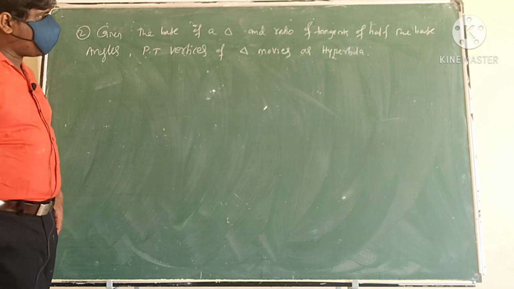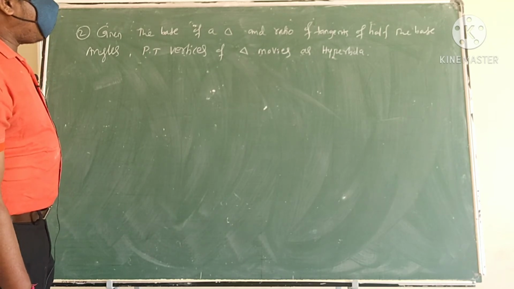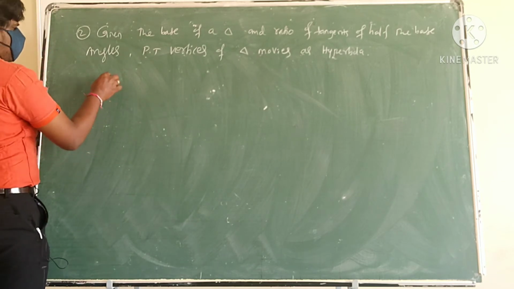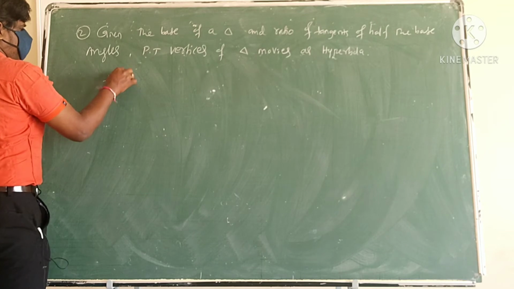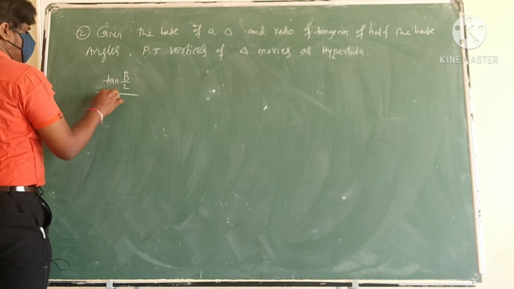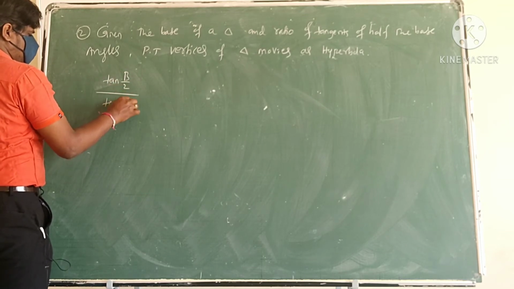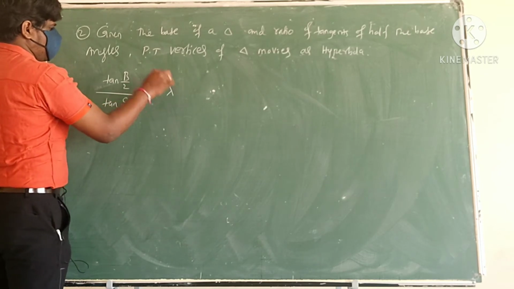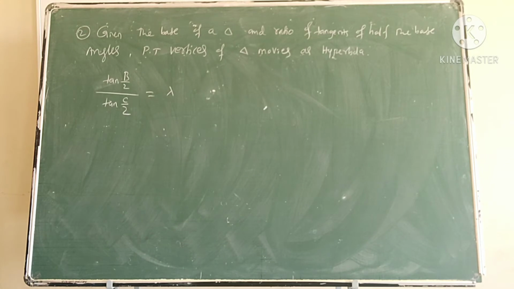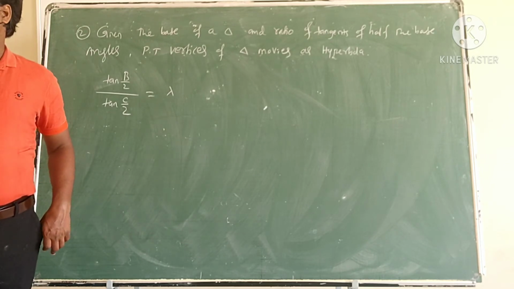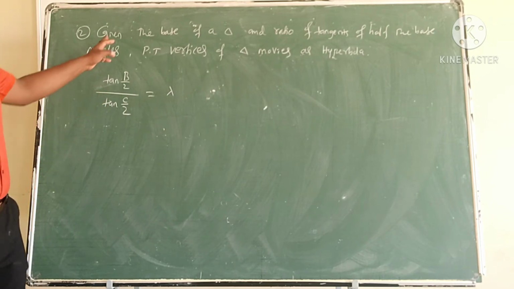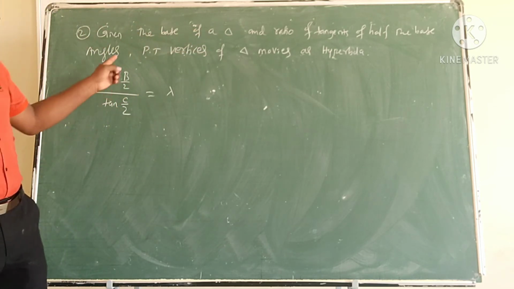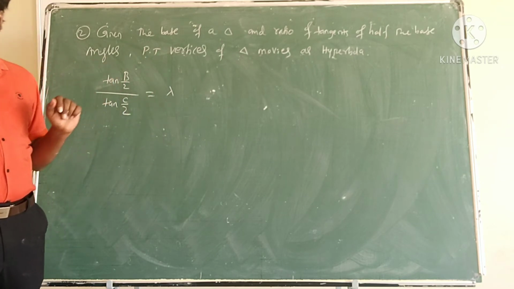The ratio of tan B by 2 and tan C by 2 is some ratio; we don't know it, so we take it as lambda.